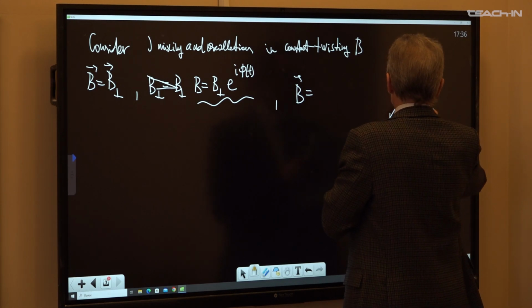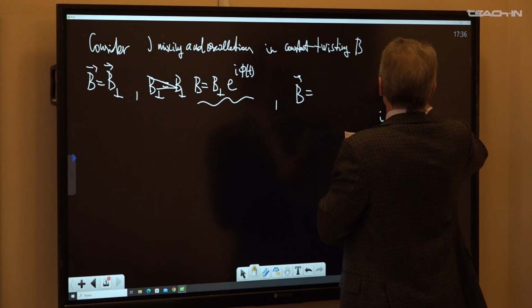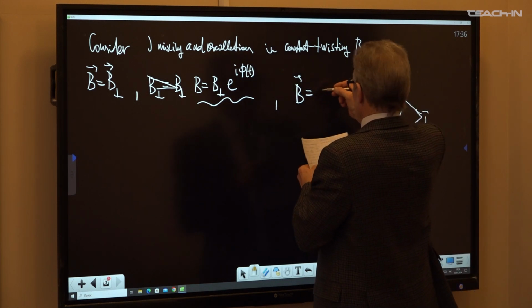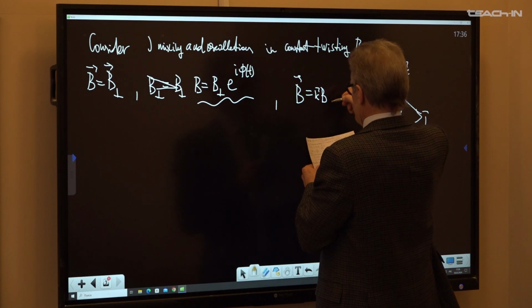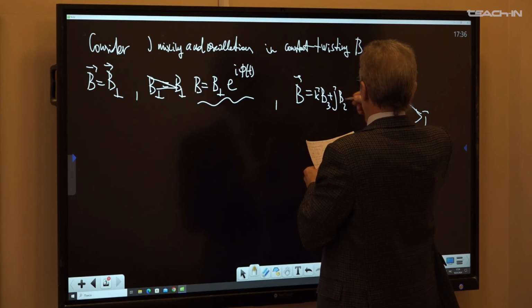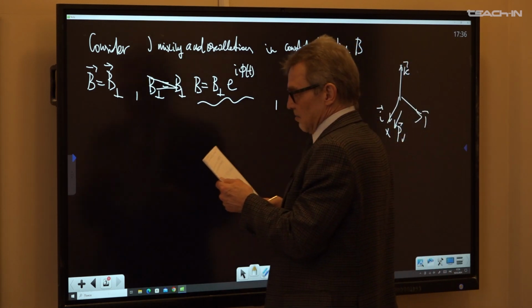Let it be x, and this is neutrino momentum along x. This is y unit vector. This is k. This is j, and the field is a superposition of k b3 plus j b2, something like this, yeah? These unit vectors. Okay.